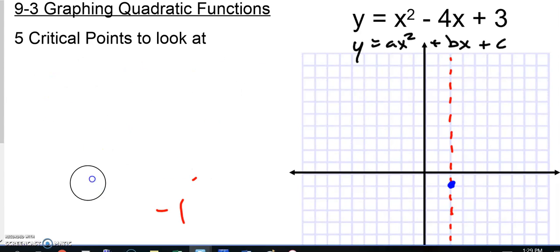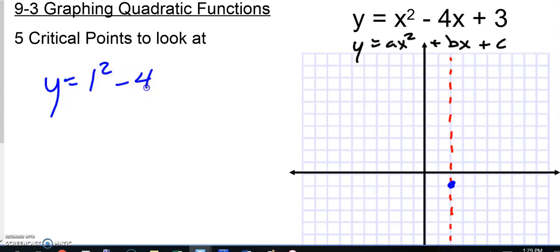The next thing that we'll want to do is find a point that lies to the left or the right. And I go one integer over. So for instance, if I wanted to figure out what happens when x equals 1, I'll plug 1 in and see where we land on that line. So y equals 1 squared minus 4 times 1 plus 3.